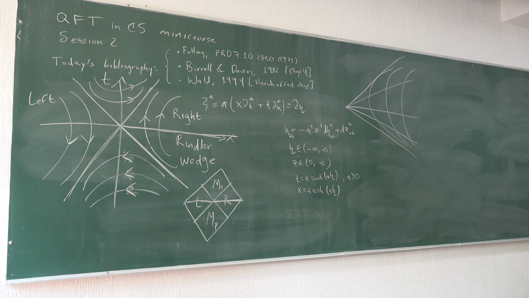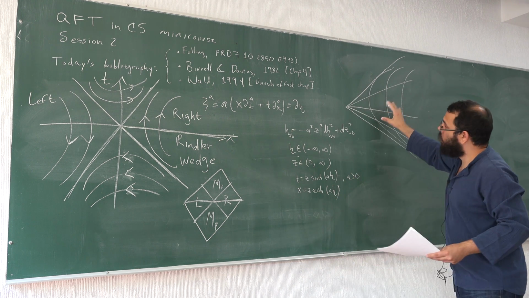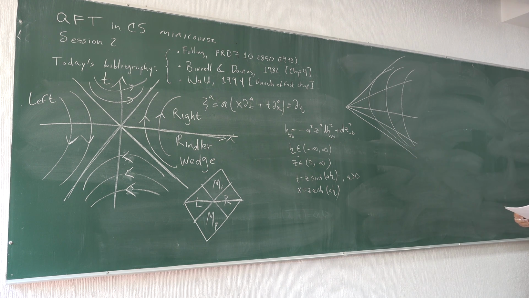So I'm going to do now the quantization in this wedge using these coordinates. Okay? So I'm on page 3 of my notes, and I have many. So I'll go very quickly with this.